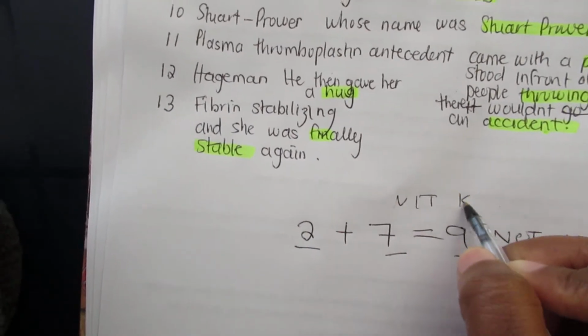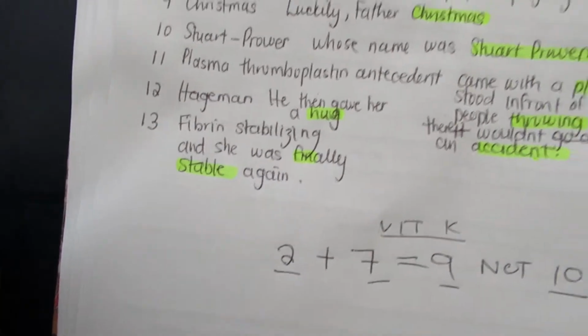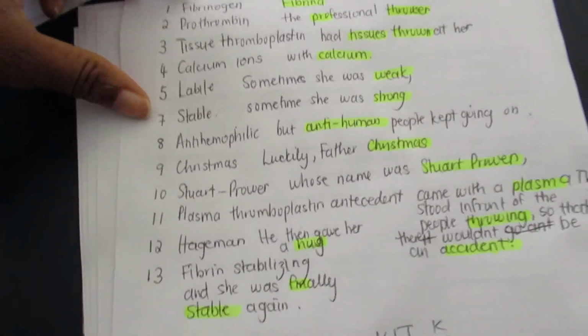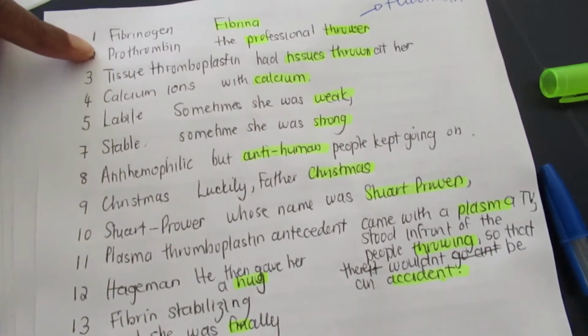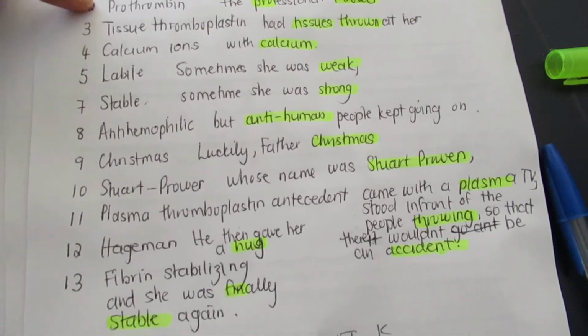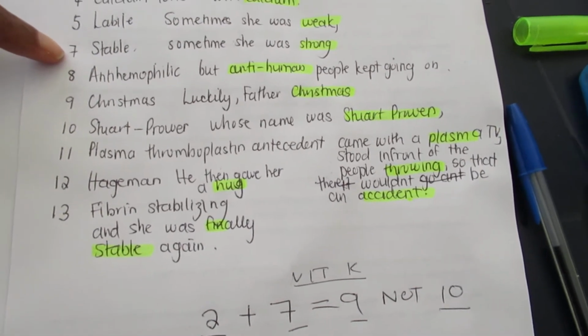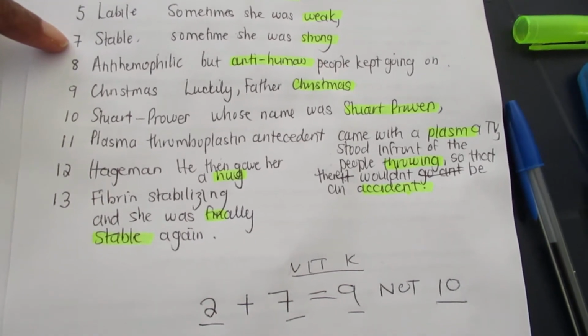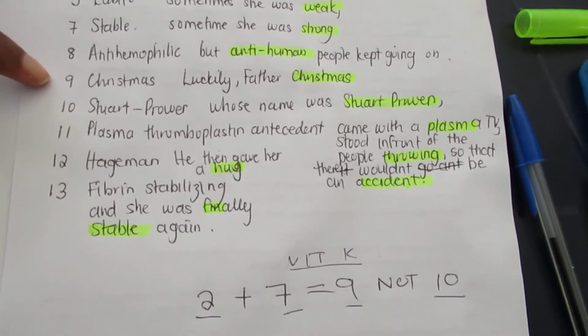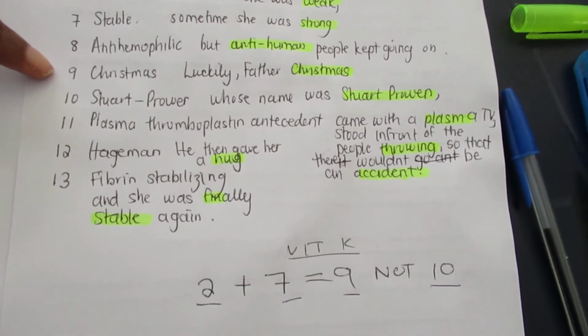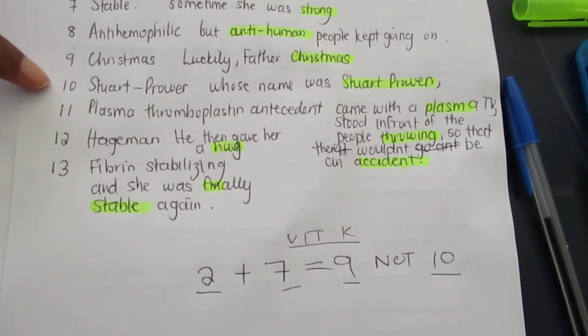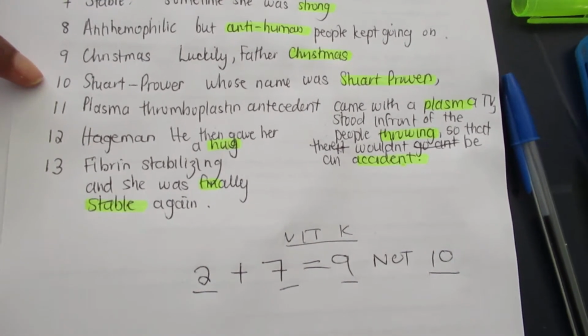So prothrombin will be a vitamin K dependent factor. Then factor 7, which is stable factor, will be a vitamin K dependent factor. Then Christmas factor, and then Stuart Power factor will be vitamin K dependent factors.